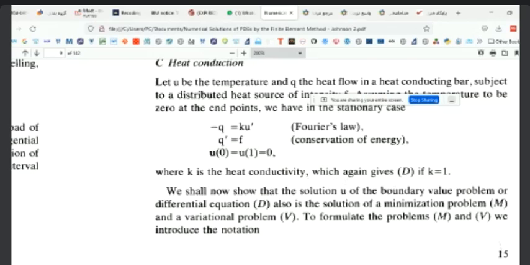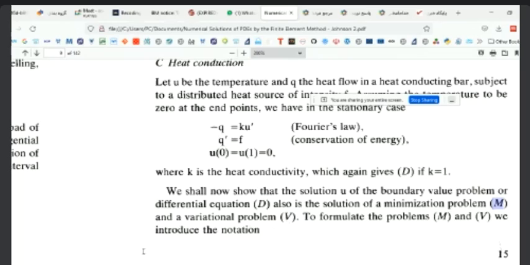What we can infer from this paragraph: we shall now show that the solution u of the boundary value problem or differential equation D is the solution of a minimization problem M and a variational problem V. We have a differential equation D, a minimization problem M and a variational problem V that all have the same solution.